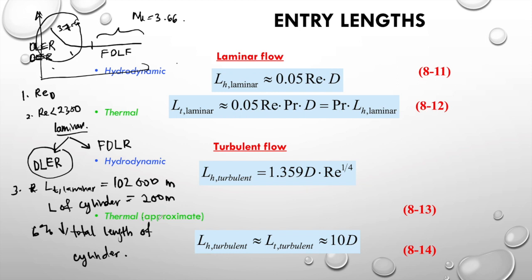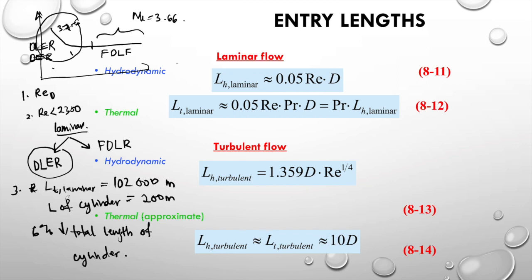Okay, so to calculate the thermal entrance region for the turbulent flow, you substitute into LT turbulent, which is equivalent to 10 diameters, and take a look at the LT of the turbulent flow.